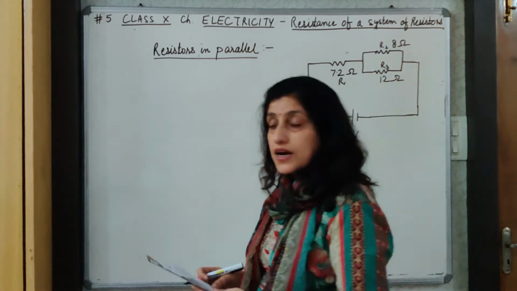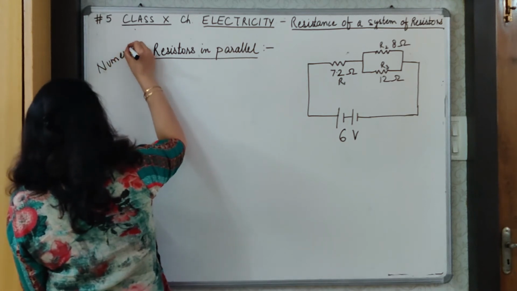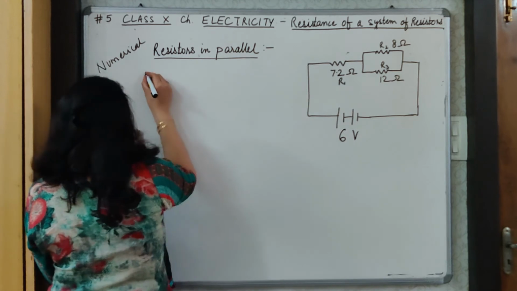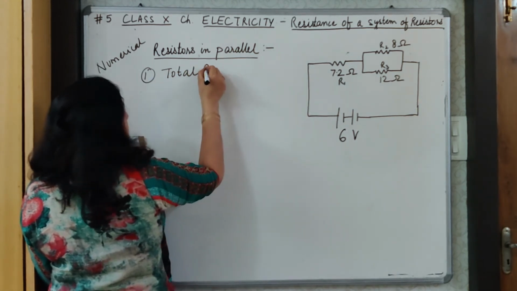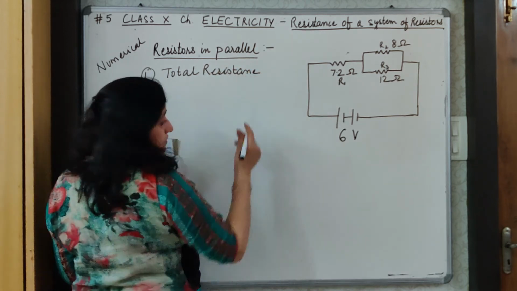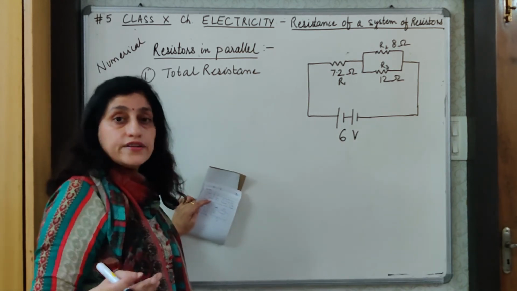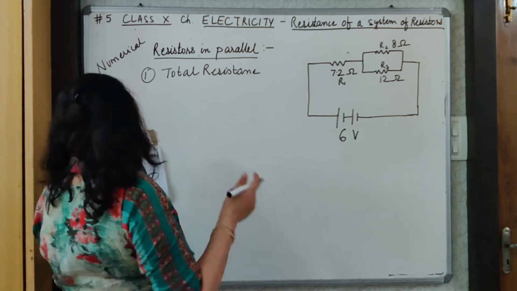Three things have been asked in this numerical. So we will quickly record whatever is given in the question and what is asked. The first thing asked is total resistance. We say total resistance, net resistance, equivalent resistance, effective resistance, all mean the same.